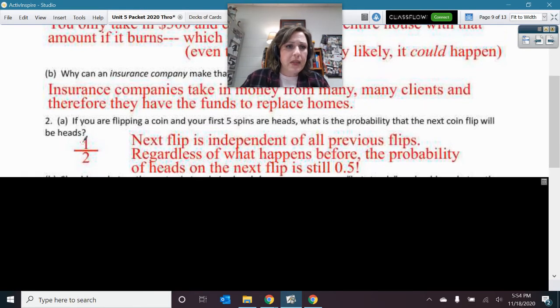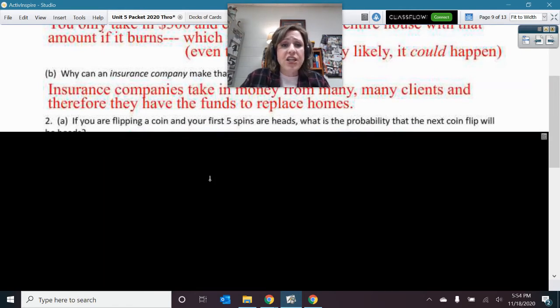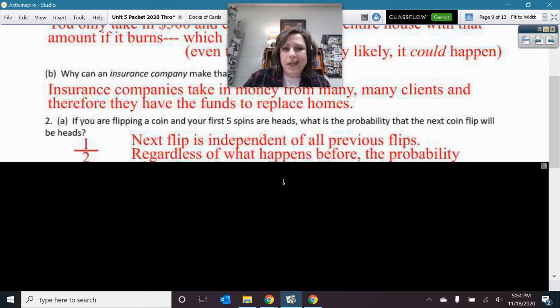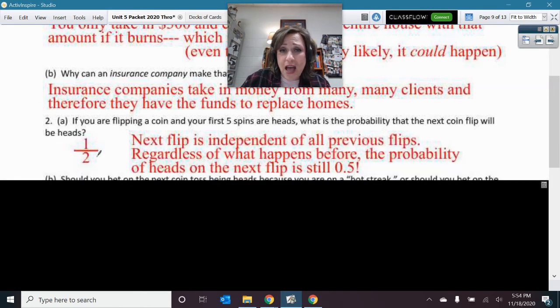Now, if you're flipping a coin and your first 5 coin flips are heads, what's the probability that the next one is going to be heads? Should you say, woo, I'm on a winning streak, I should bet on heads because I've been getting so many heads? No. The next flip is independent of the previous ones, regardless of what has happened.